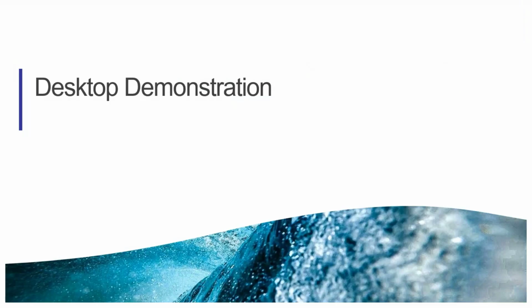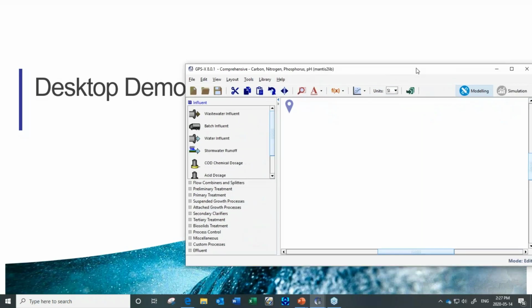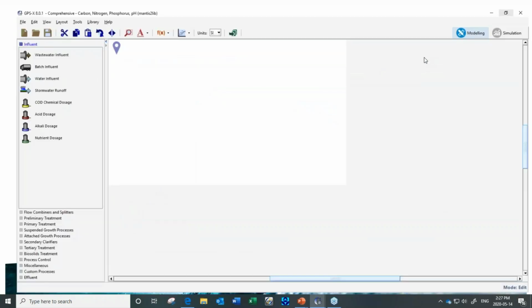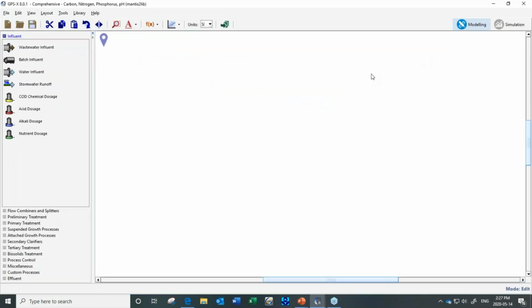Now coming to the desktop demonstration, I will try to show you a quick demonstration of what we have been talking about, and you can see my screen. So this is essentially the GPS-X interface, and some of you who might have used it are probably familiar with this.